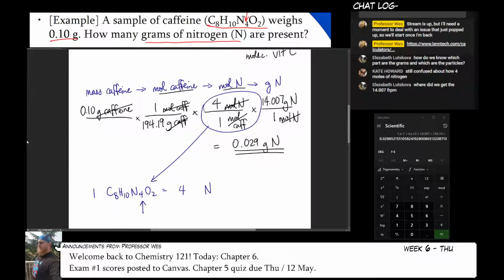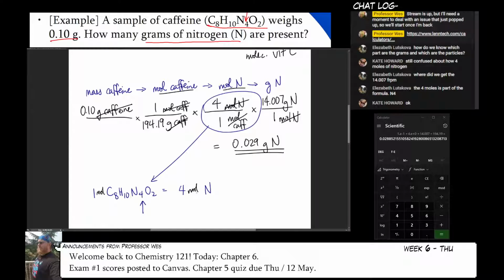And then all we did was we multiplied both sides by moles. So this number will tell you how many nitrogens are in the big molecule. If I had done instead hydrogen, I would have used this 10. If I'd used oxygen, we'd take this 2, and so on and so forth.